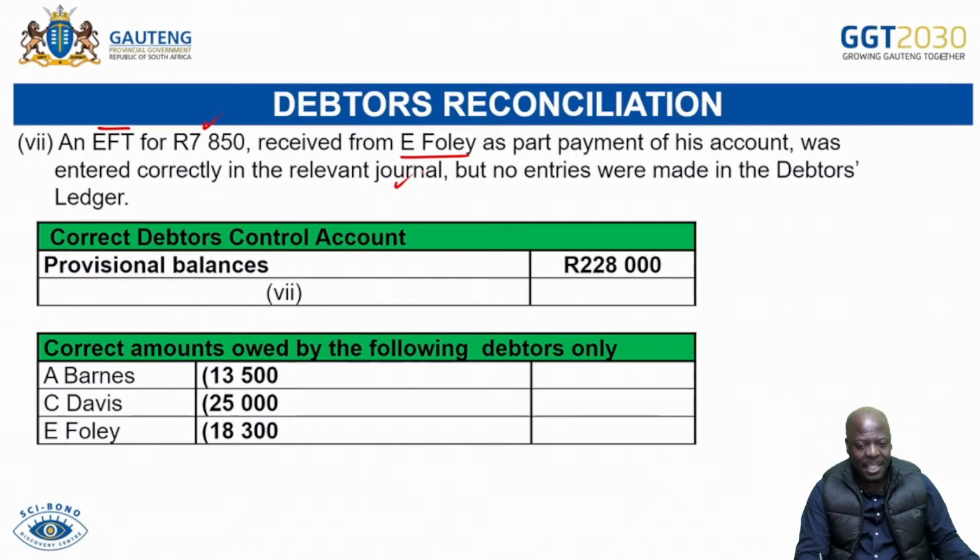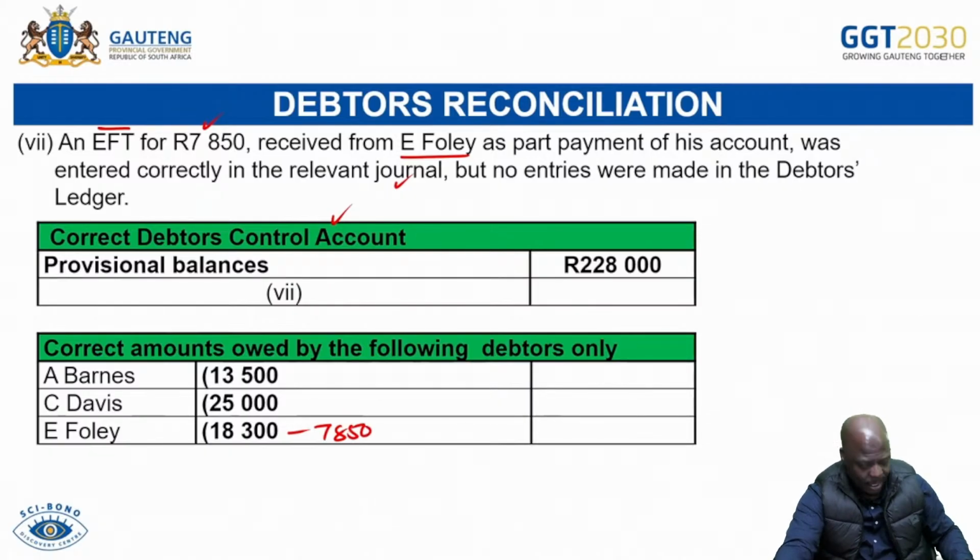Relevant journal simply means the CRJ. And that therefore means our control is fine. But no entries were made in the ledger. We're talking now of Folly's account. So we should come to Folly and we subtract 7850 like that. And then that concludes this particular question.